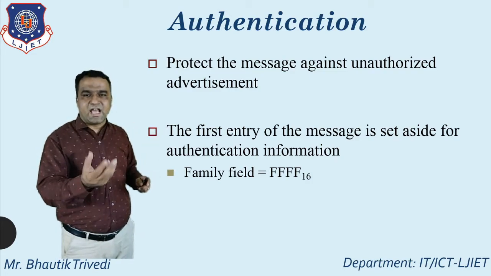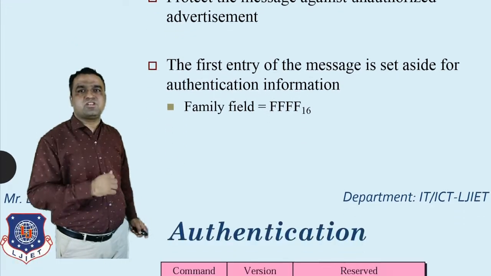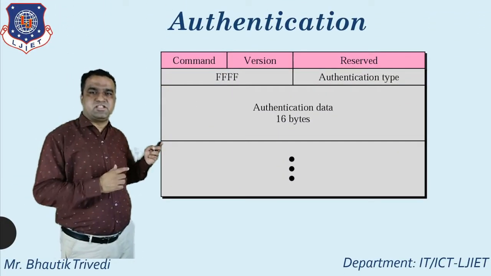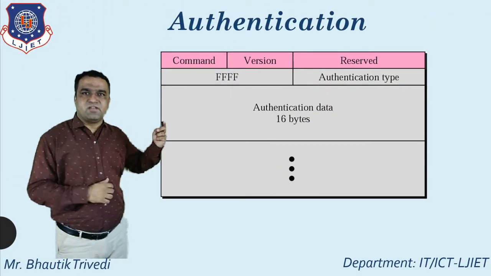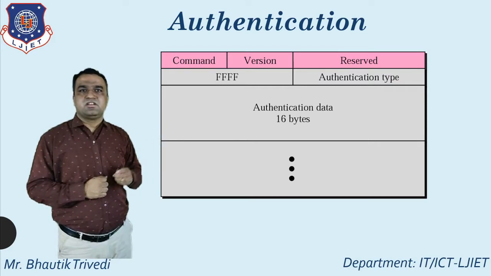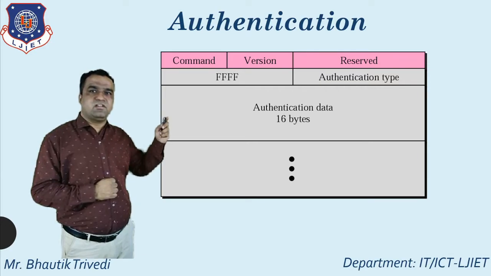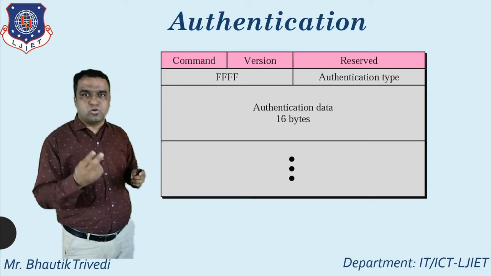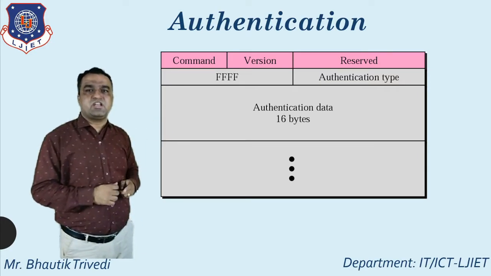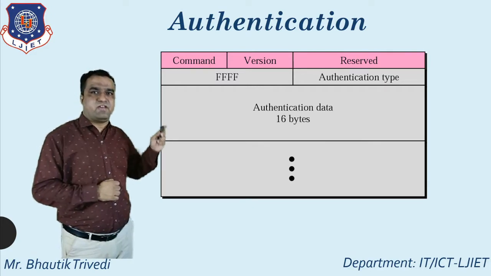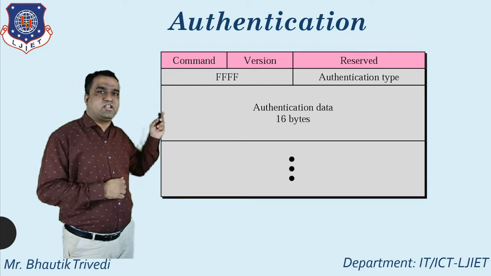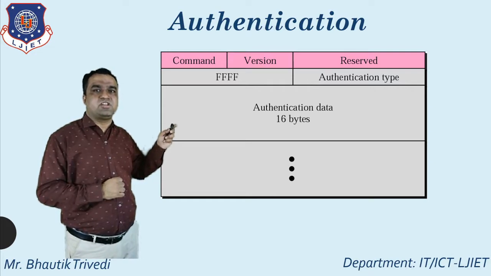So how do I draw the diagram for authentication? First one is the command, second is the version, third is the reserved field. After that, for TCP/IP we use 2, but here authentication uses FFFF. Then after that the authentication type and authentication data.